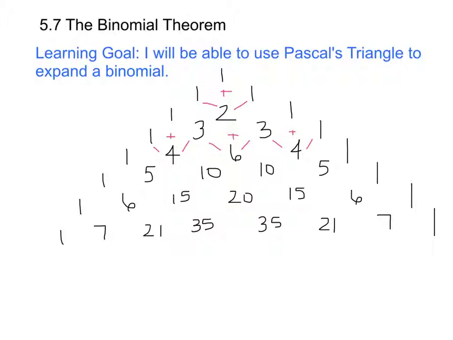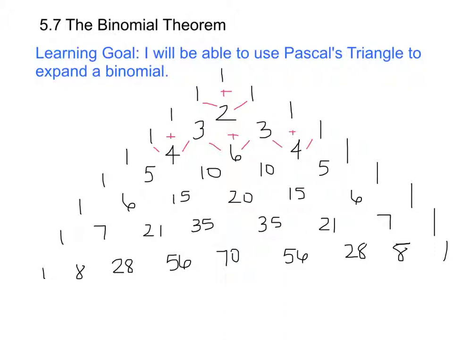We always put the ones on the end. We'll go one more. 1, 8, 28, 56, 70, 56, 28, 8, and 1.